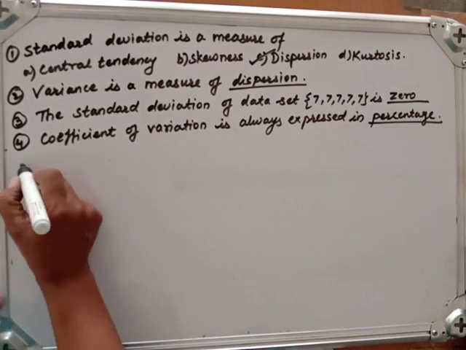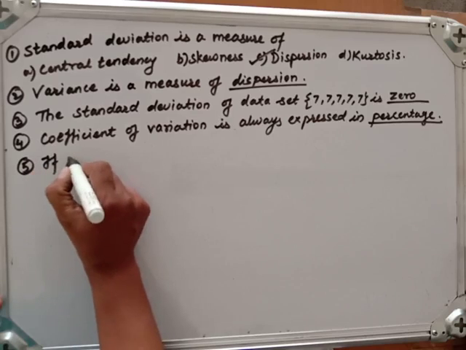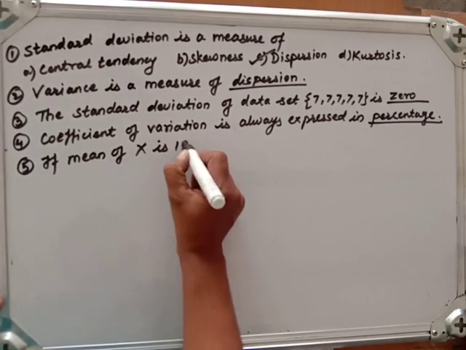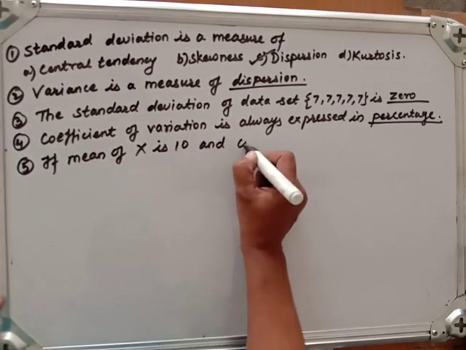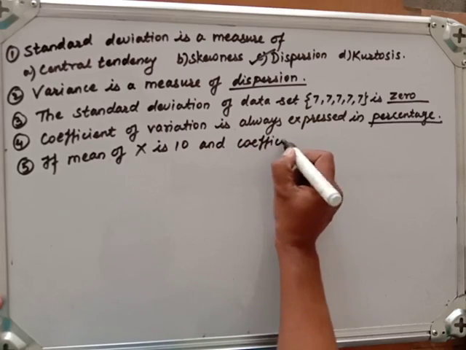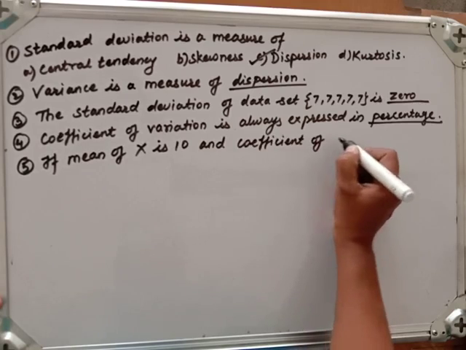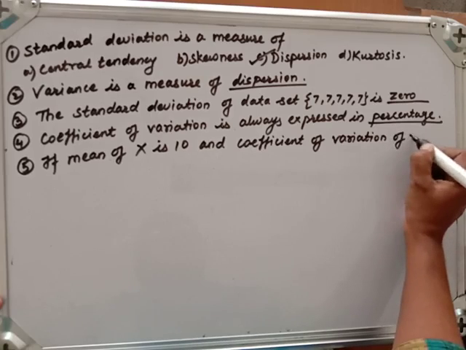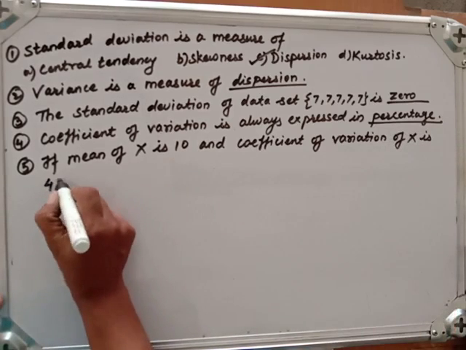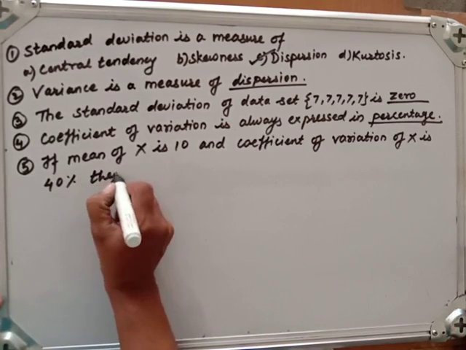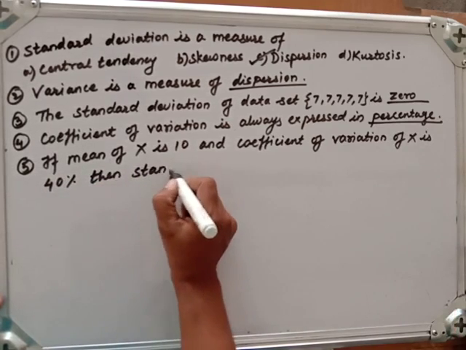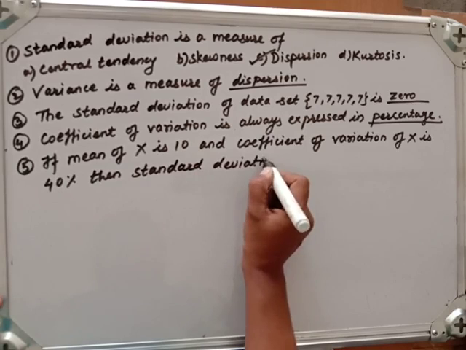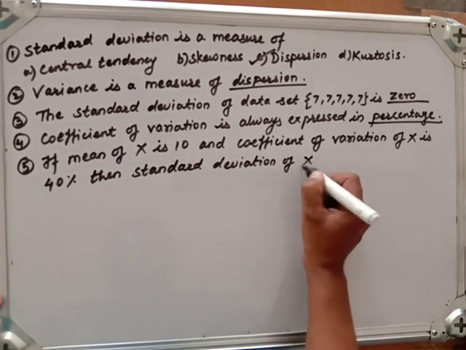Okay. Now the next one: if mean of x is 10 and coefficient of variation of x is 40%, then standard deviation of x is.